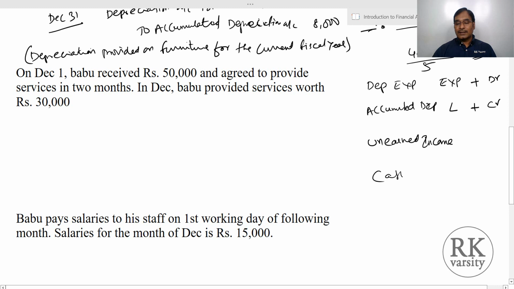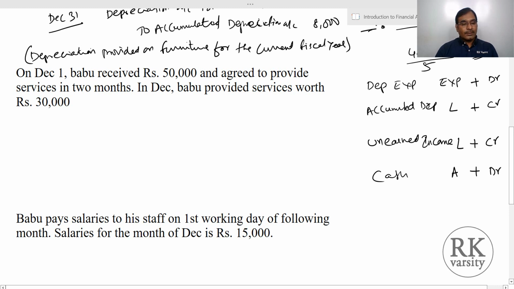And what are you receiving? You have received cash. So unearned income is your liability, cash is an asset. So there is an increase in asset and also an increase in your liability. Increase in your asset is a debit and increase in your liability is a credit.